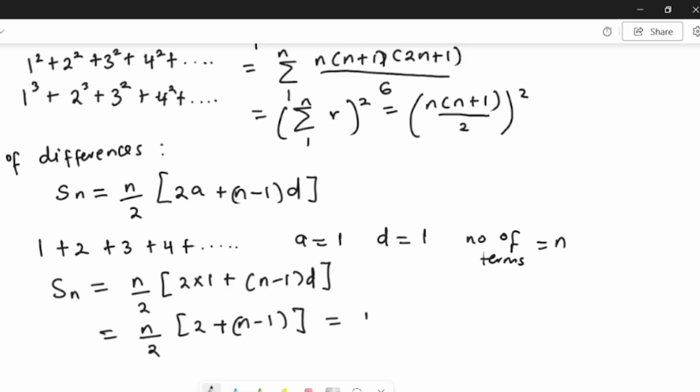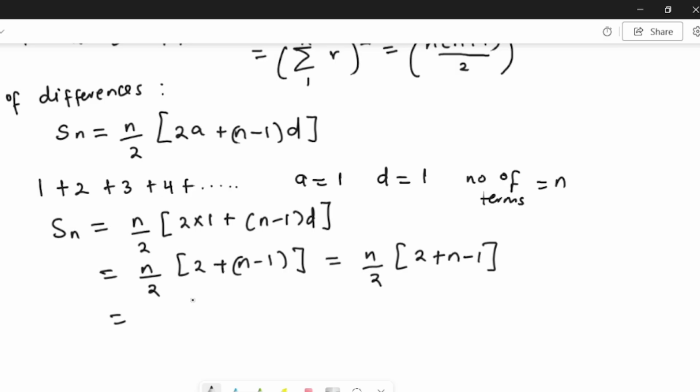When we simplify, we have n over 2 into n plus 1, which is the same as n into n plus 1 over 2.